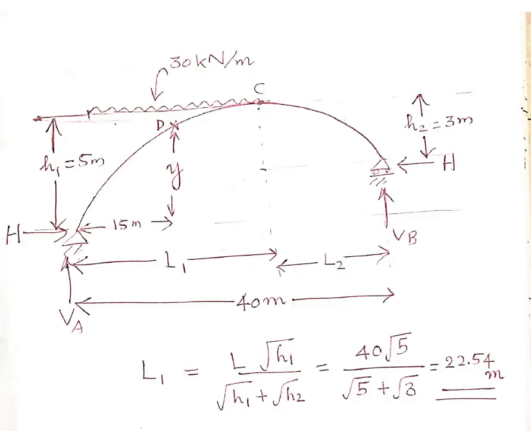Usually if the springing points are at the same level, the crown will be at the center of the span, but here the case is different. So the values of L1 and L2 are not given in the question. We only know the span, it is 40 meter, and the values of H1 and H2 are also given.